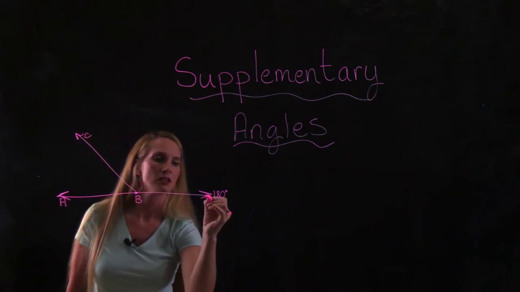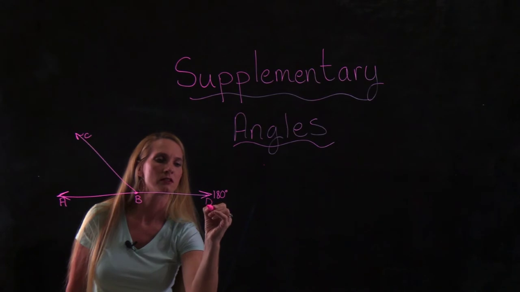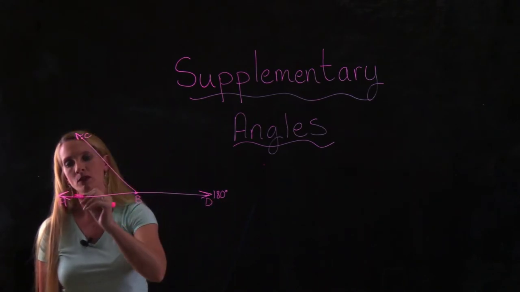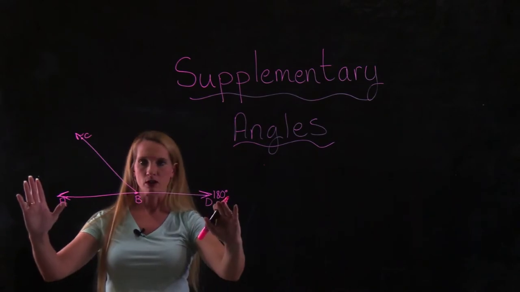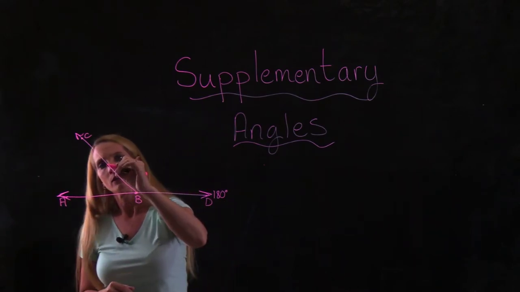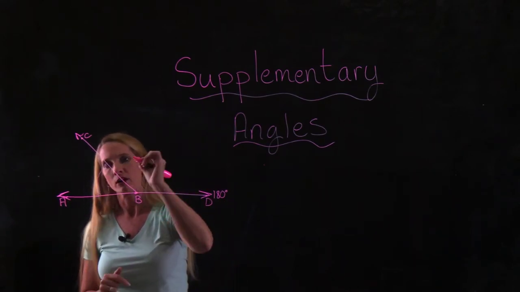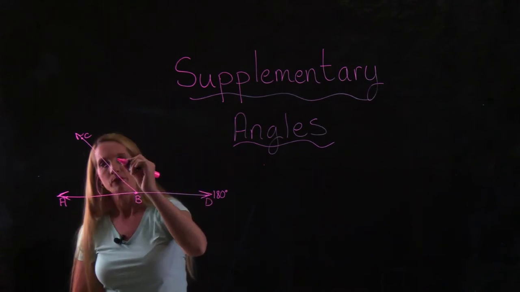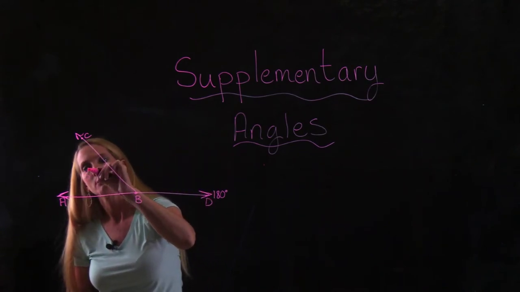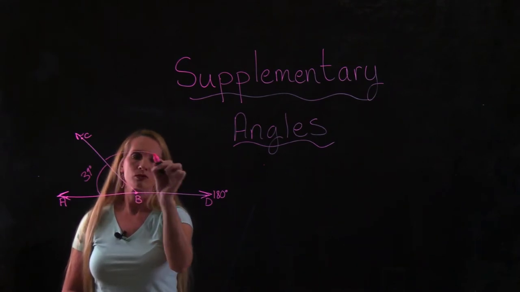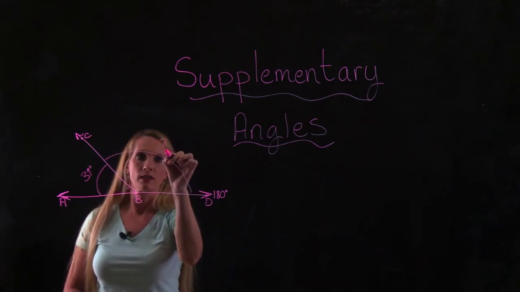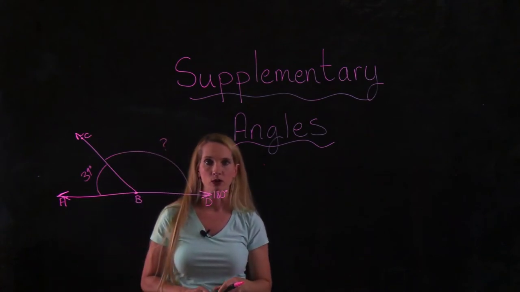And this is C, and we'll call this D. All right, so there's your points. We know this is 180. And if we're given this arc or angle here, and we know this is 39 degrees, basically they're going to want us to find this unknown angle.